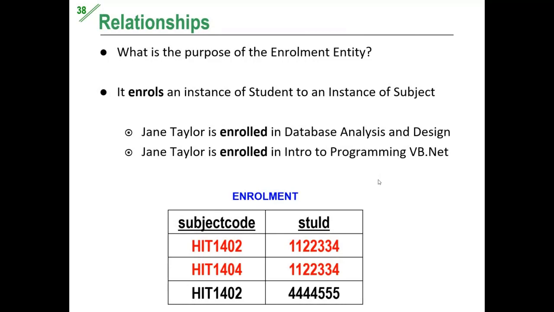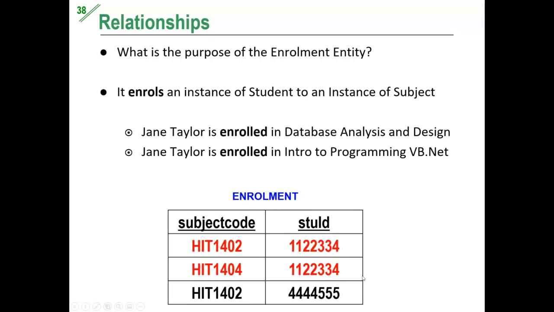Yeah, so that's what I described in this particular slide. You can see different students are enrolled. For example, Jane Taylor is enrolled in the database subject, as well as in the programming VB.NET subject. That's what this table shows.